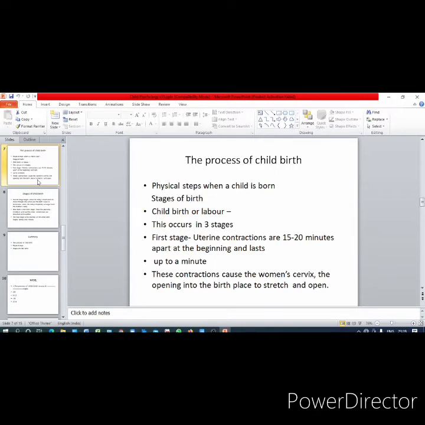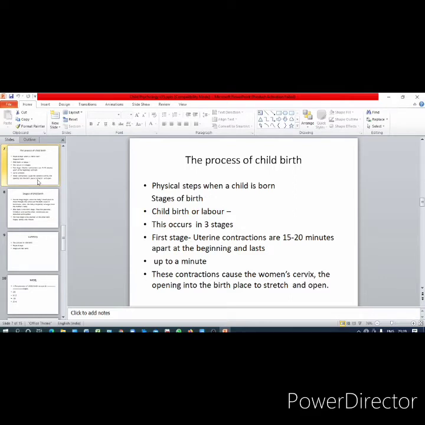As the first stage progresses, the contractions come closer together, appearing every 2 to 5 minutes. Their intensity increases. By the end of the first stage, contractions dilate the cervix to an opening of about 10 centimeters, that is 4 inches, so that the baby can move from the uterus into the birth canal.